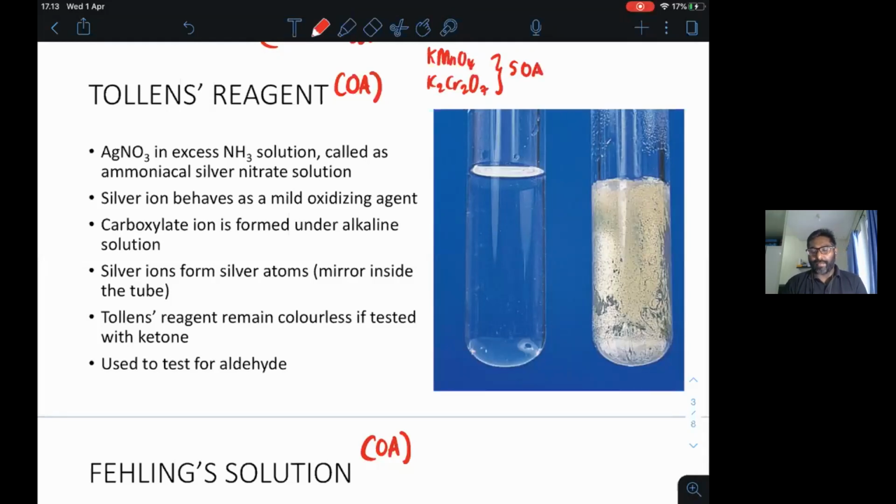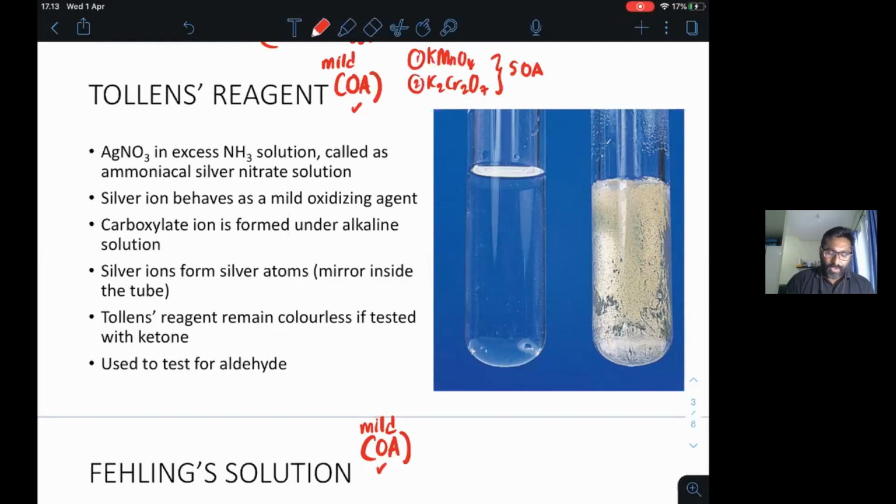And we do have some other oxidizing agents. In this case, I want you to learn that Tollens' reagent and Fehling's solution are oxidizing agents, but they are very mild oxidizing agents. So generally, we don't use them to oxidize alcohol. We don't use them to oxidize aldehyde to become carboxylic acid. We only use these two.